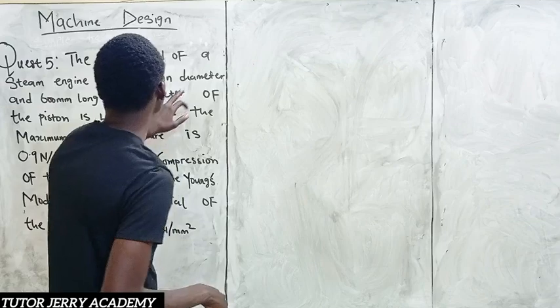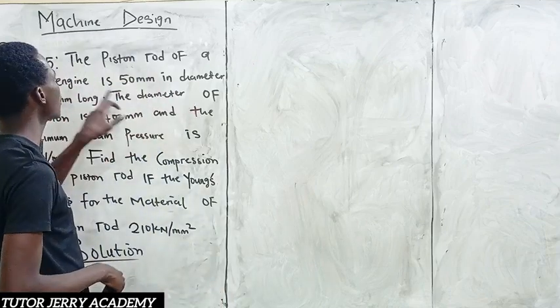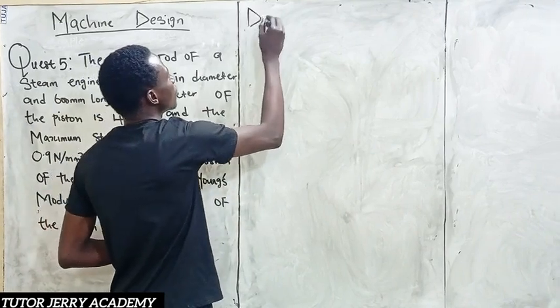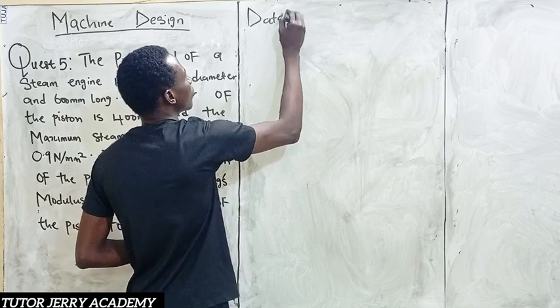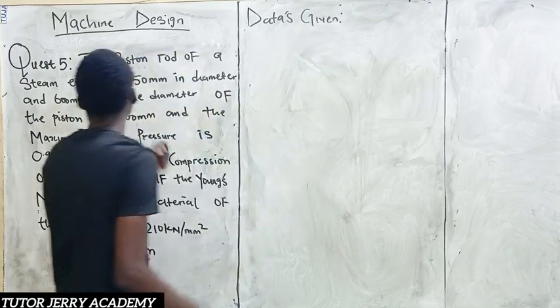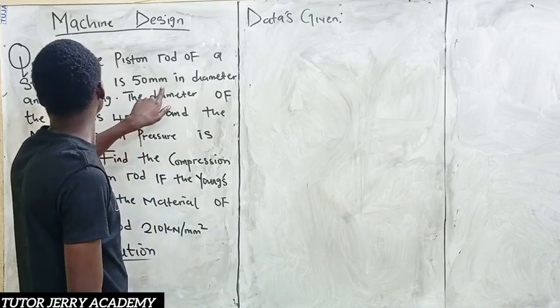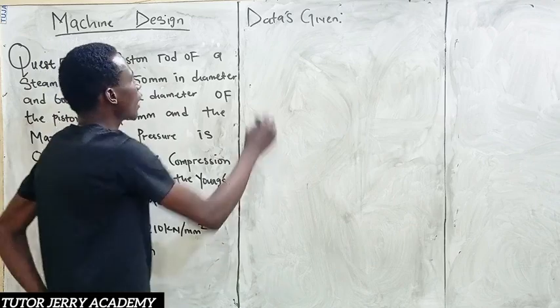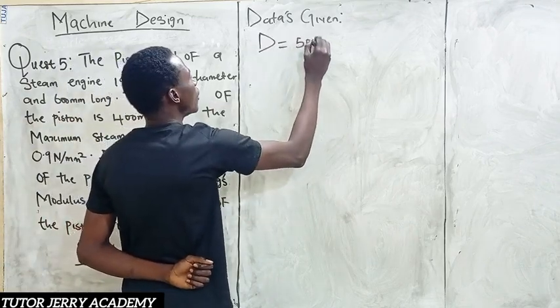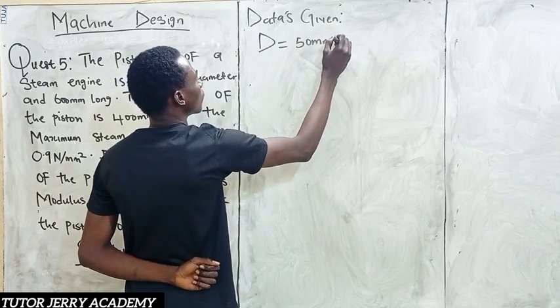Now, we were told that the piston rod of a steam engine is 50 mm in diameter. So our data is given. We have our piston rod is 50 mm in diameter. So this is D, which is equal to what? 50 mm.